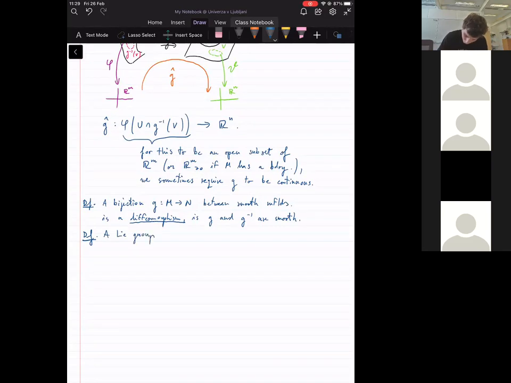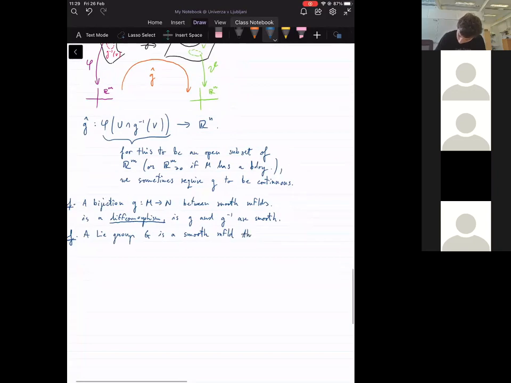A Lie group G is a smooth manifold that is also a group.